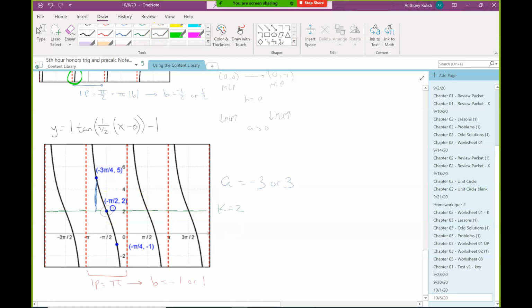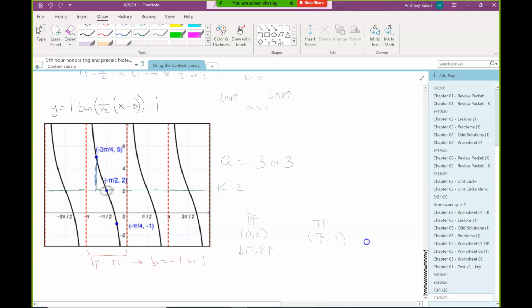And then to find my h, I'm going to take my midline point. So from the parent function, our midline point is 0, 0. And remember the order for the arrows were down arrow, midline point, then up. In our transform function, the midline point we're mapping to is -pi/2, 2.